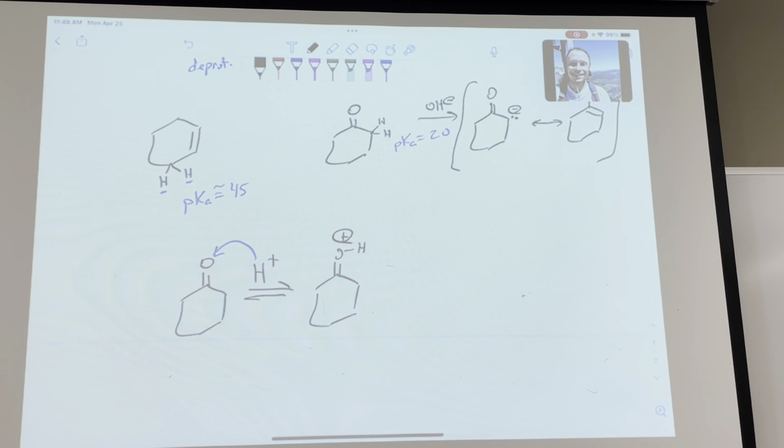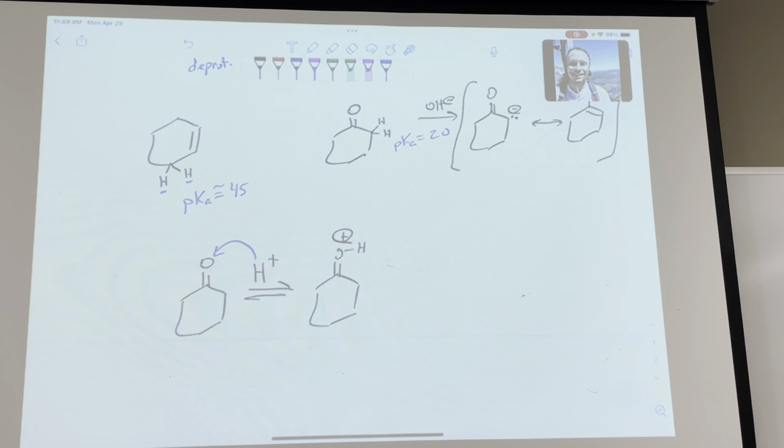Remember what arrows indicate in mechanism. In mechanism, arrows indicate the flow of electrons. Well, you cannot have a proton with an arrow to an oxygen because a proton has no electrons. Arrows indicate the direction of electron flow. If you have no electrons, obviously they cannot be flowing into something else.